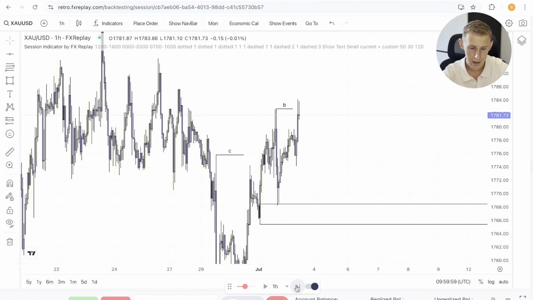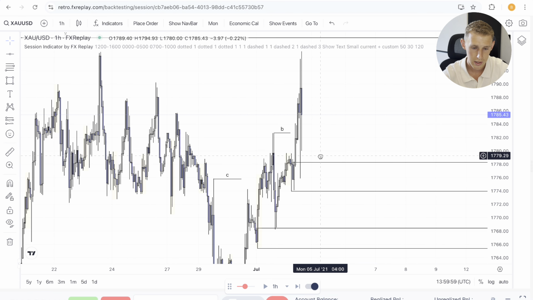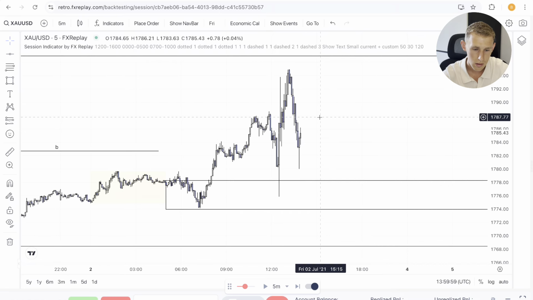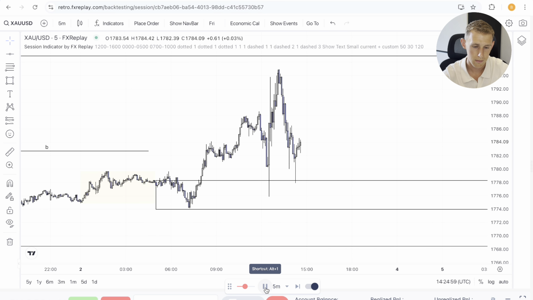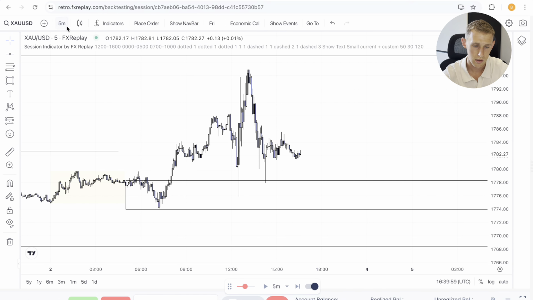If we look for some more areas. I was going to say this one, but price just tapped it and went. Maybe if we can get a re-grab of this low, this one right here.